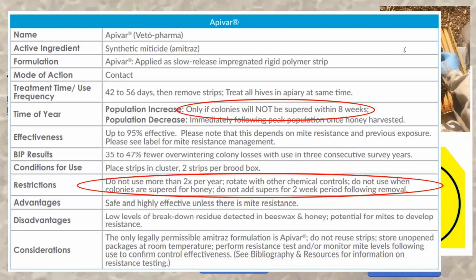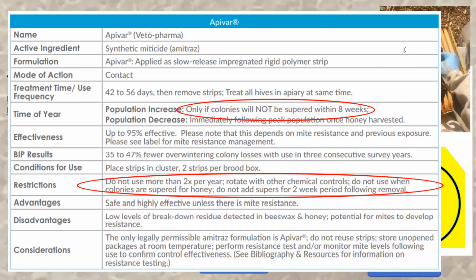And I want my brood boxes in wintertime to have as much as 60 pounds of honey. So no honey is ever consumed by humans that was ever in the hive while Apivar was in the hive.